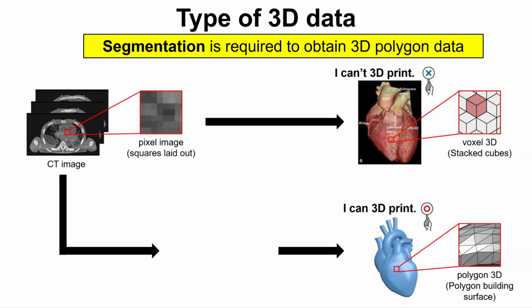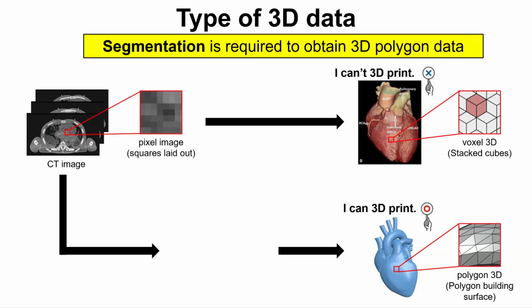This is the kind of image data. So it's easy to understand about voxel 3D. Voxel 3D is the 3D version of pixel images. So each of the small cubes called voxels is colored, and they are stacked up to make a 3D picture. However, this voxel 3D cannot be printed in 3D.